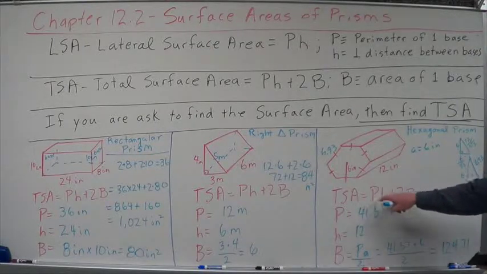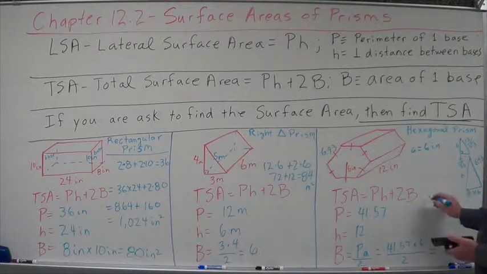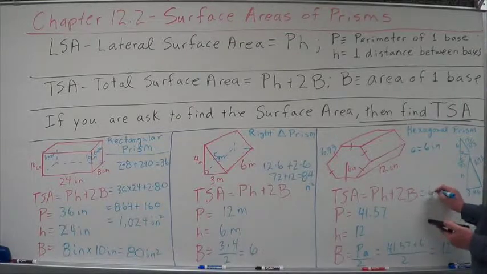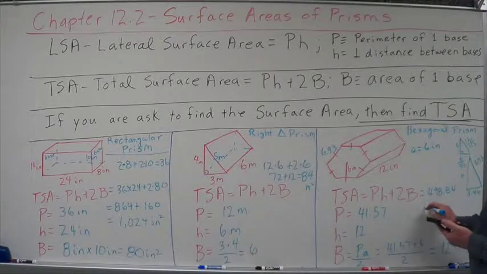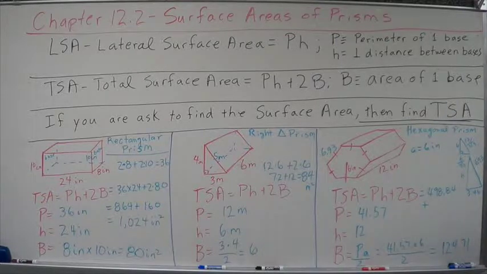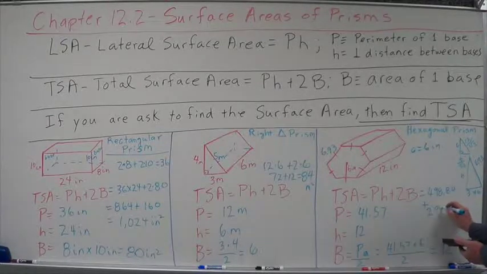Okay? So P times H, 41.57 times 12 equals 498.84, plus 2B. What's our B? We know that. 2 times 124.71 is 249.42.